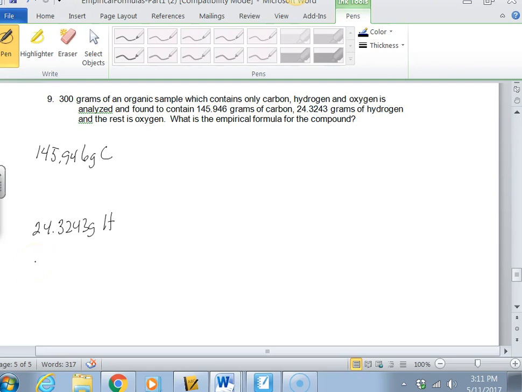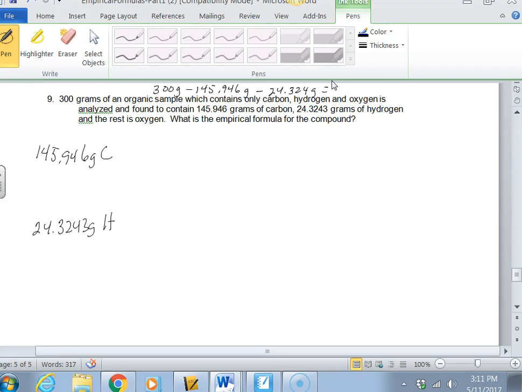So that means we're going to have 300 grams total minus 145.946 grams minus 24.324 grams.